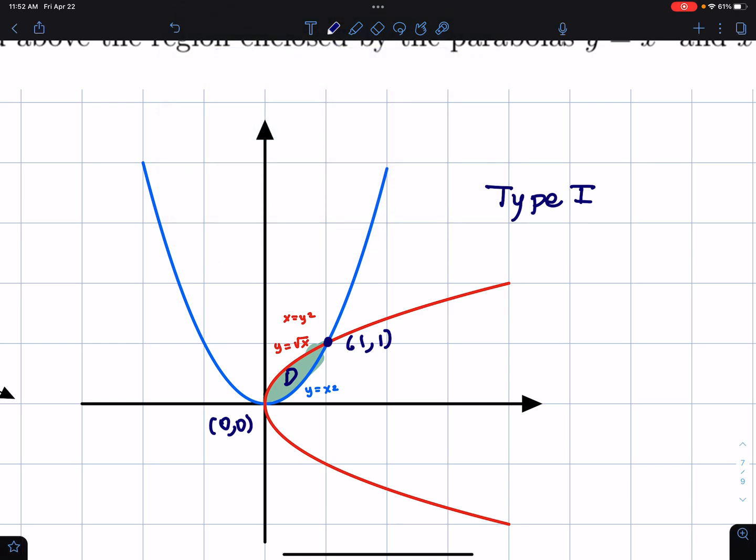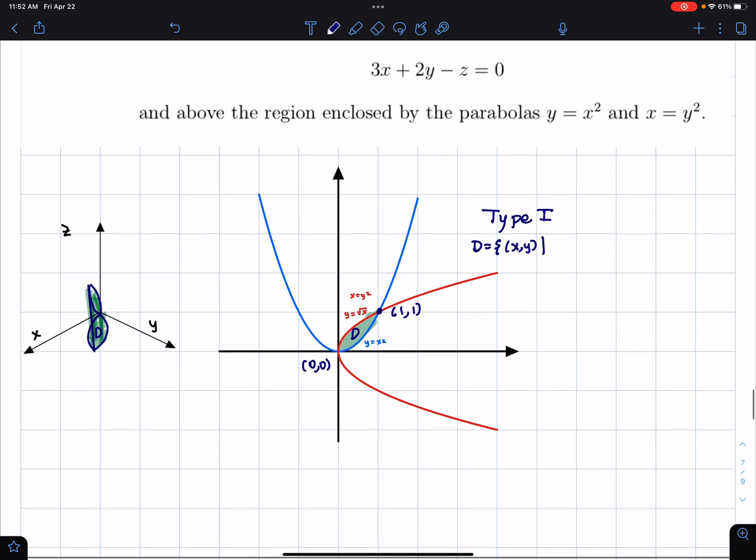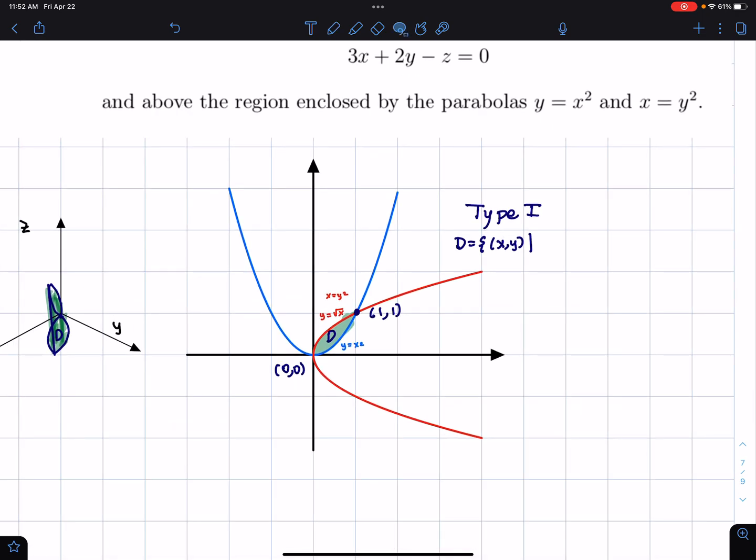So type 1 means it's the set of all x, y such that x is bounded by two numbers, in this case 0 and 1, and y is bounded by two functions.